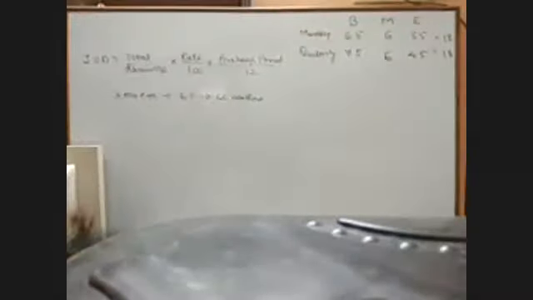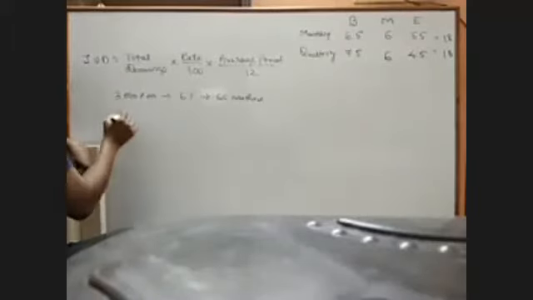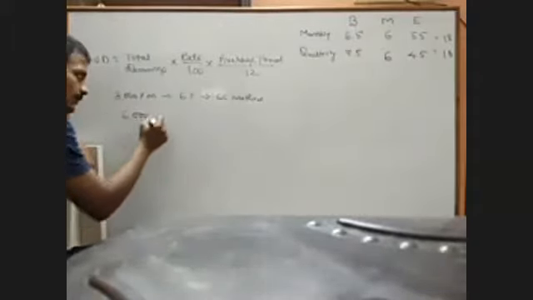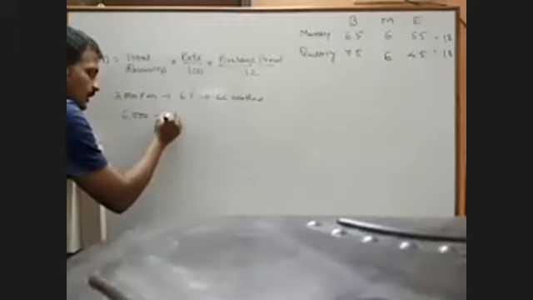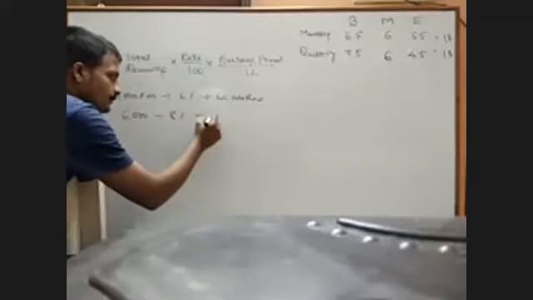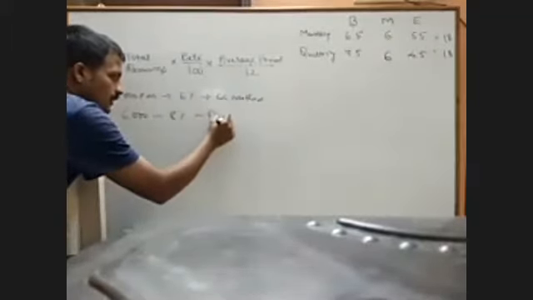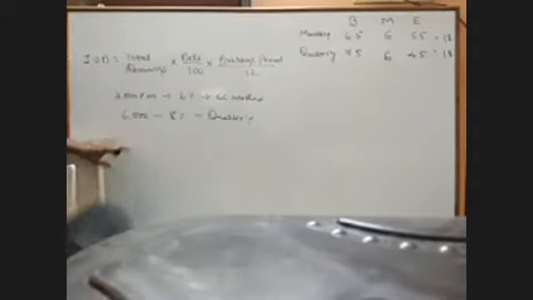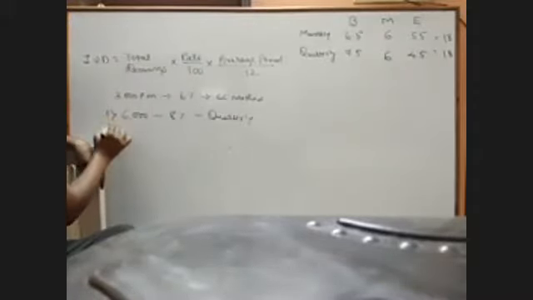Now, remember, rupees 6,000 is withdrawn at 8% per annum quarterly. So this is your first problem for homework.